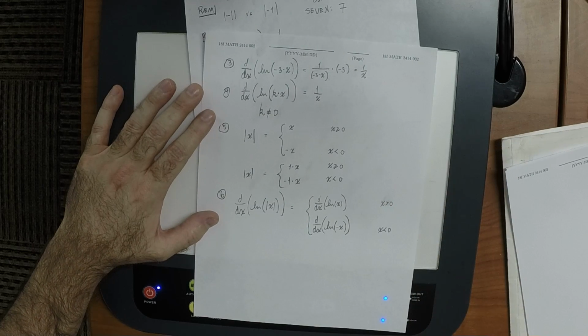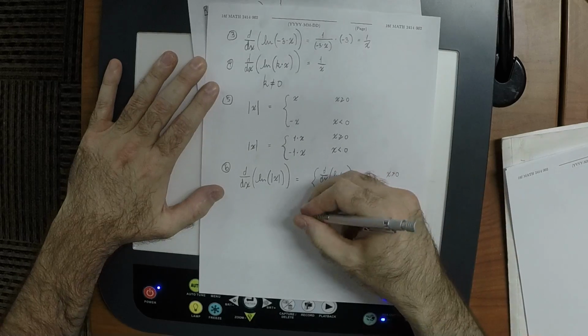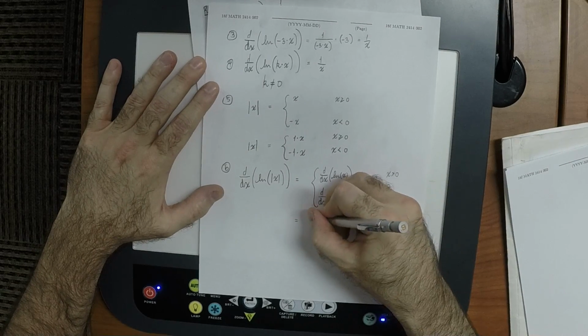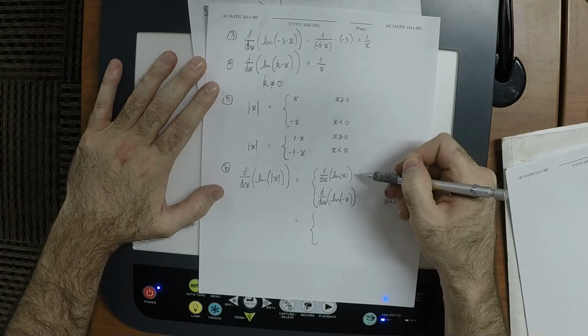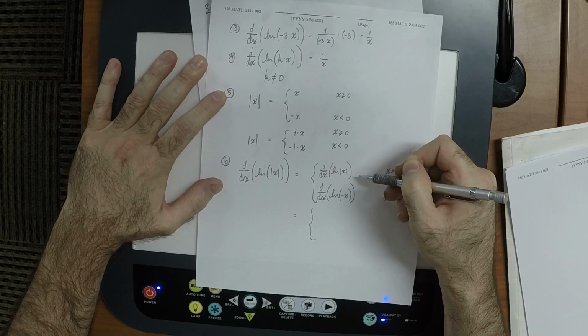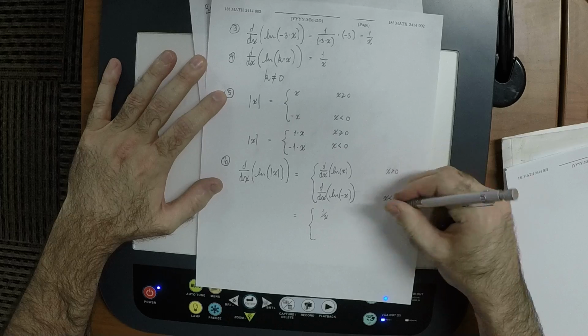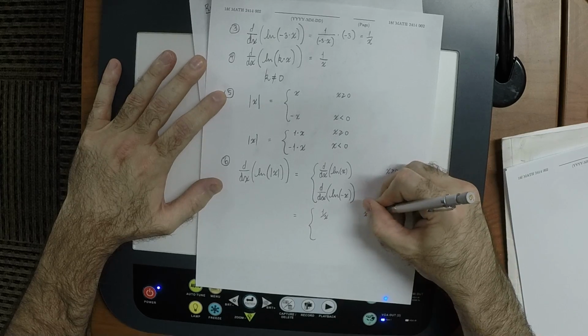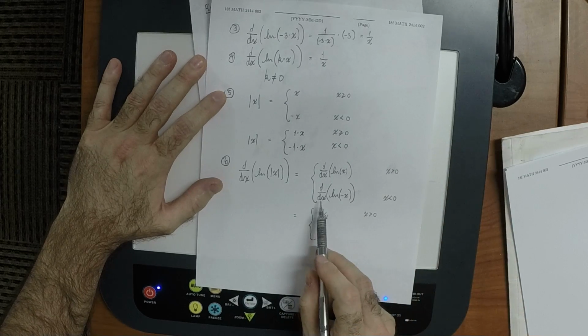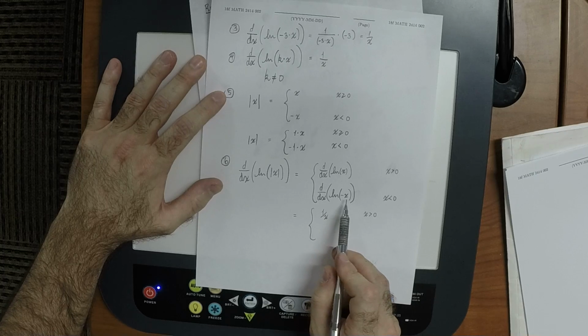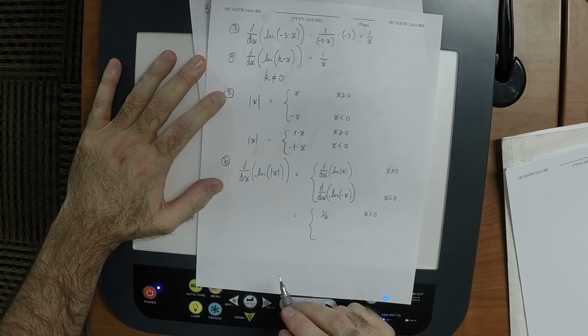Now, concerning the first one, what's the derivative there? 1 over x. So the derivative is 1 over x when x is positive. What's the derivative of the logarithm of negative x? 1 over x.